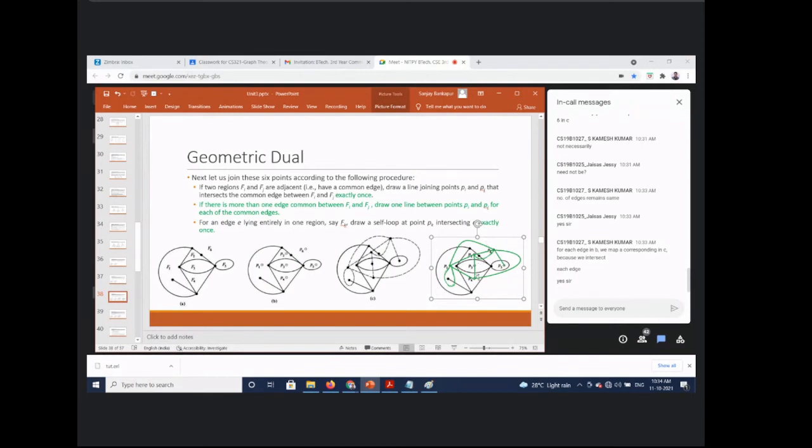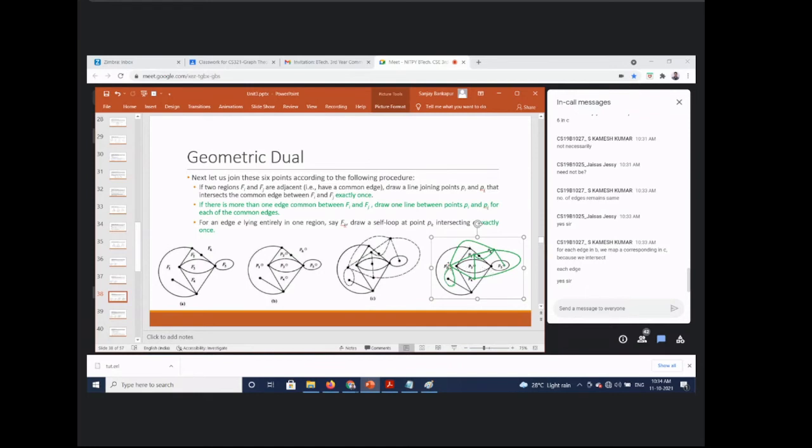Now, if you closely observe this graph which we drew, the black vertices, we can say those are the regions. Can we say these black dots, which were earlier vertices, became regions in the geometric dual?